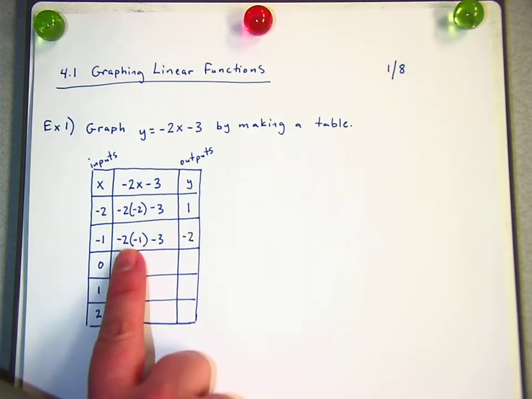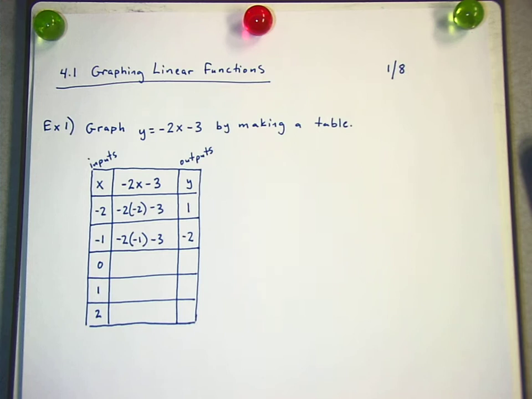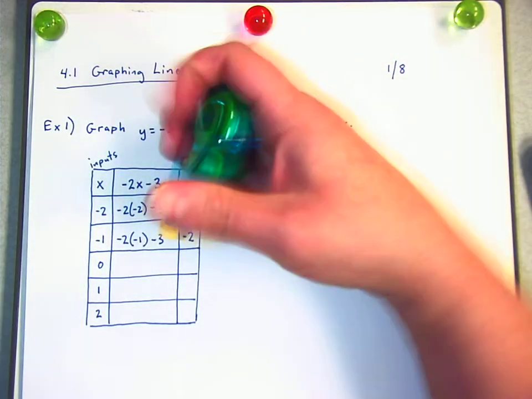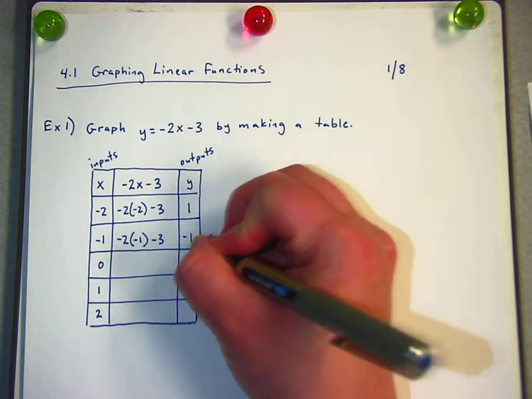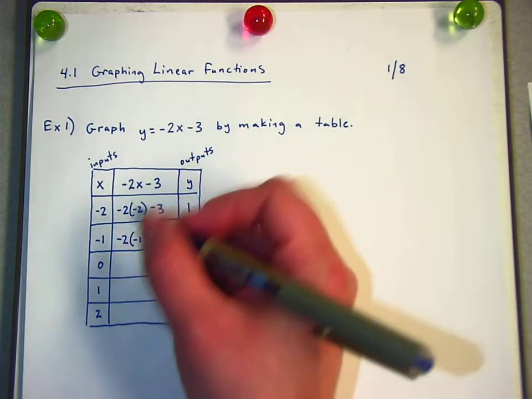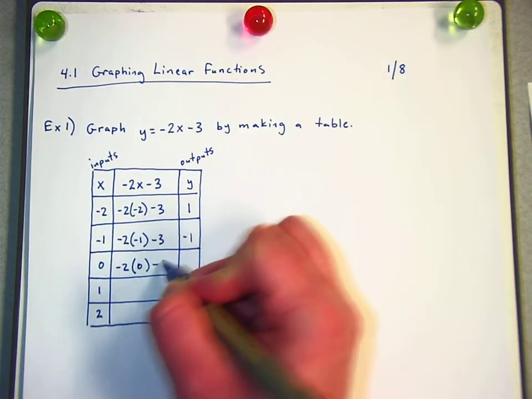No, wait, +2 minus 3 is actually -1. My bad. There we go. All right, next up, we've got -2 times 0 minus 3.